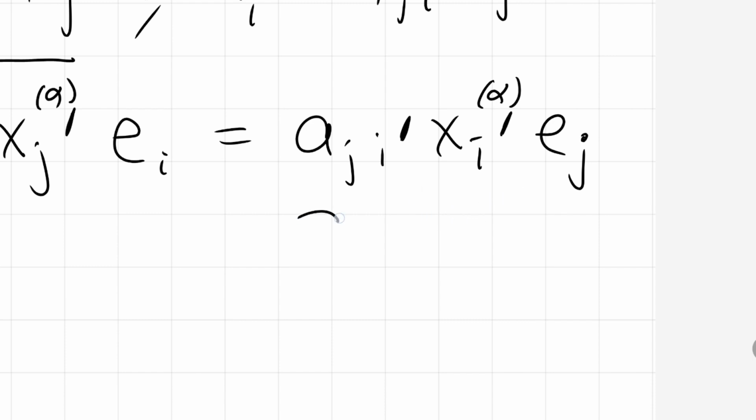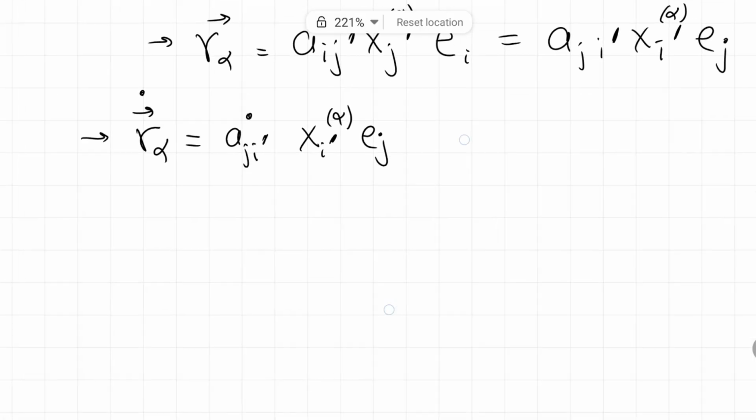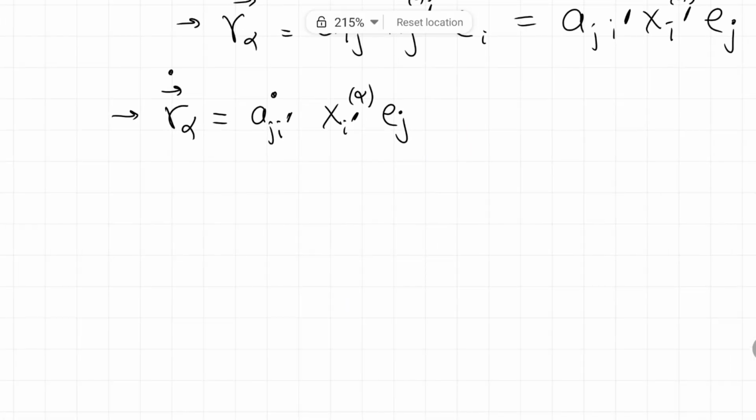So the only quantity that changes in time is this one over here. So we can express that as a_ji prime dot xi prime alpha ej. Okay, perfect. So now we have the velocity of the alpha particle of the rigid body.